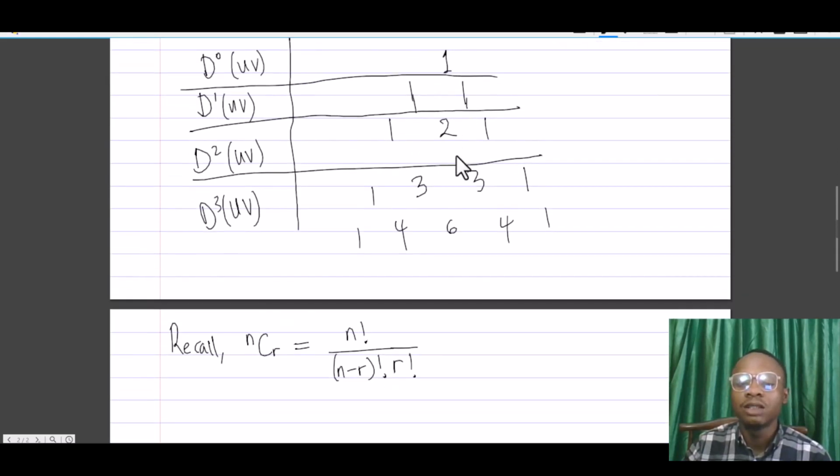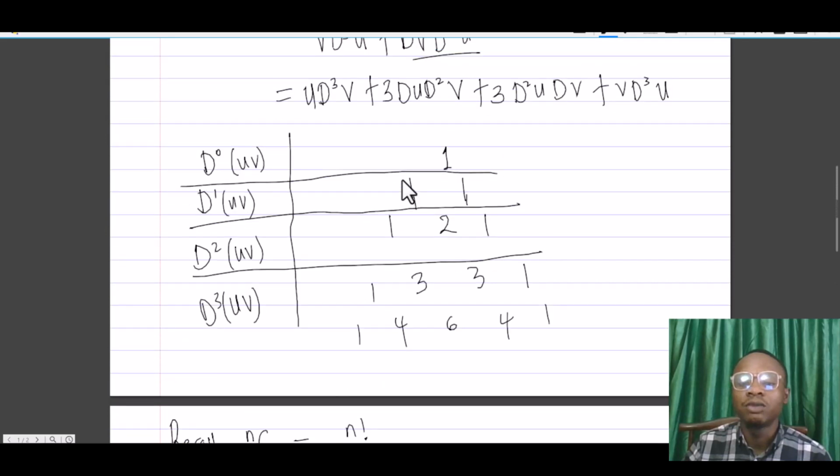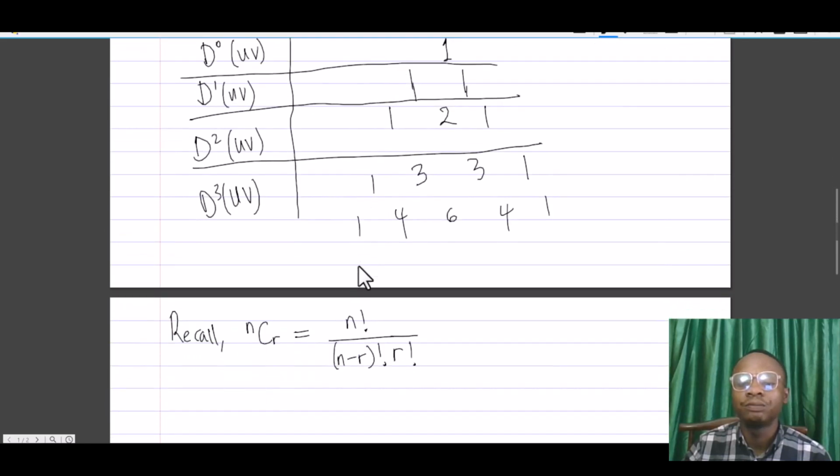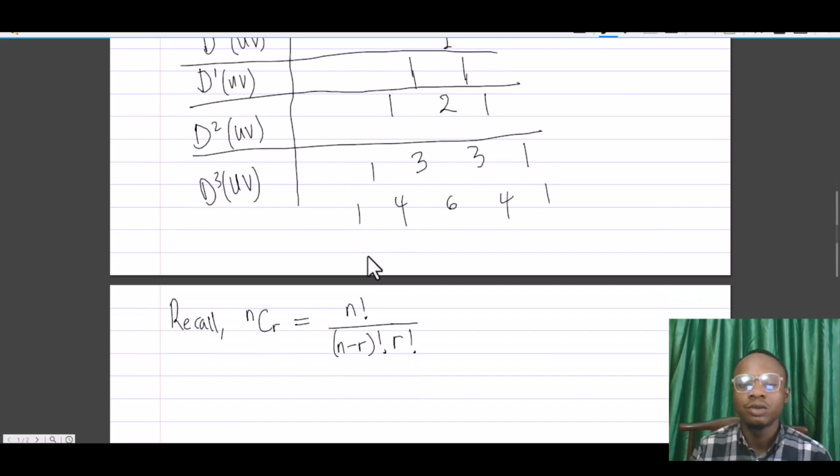If you want to get this coefficient, then we can always take that n factorial. So for this third situation here, when n is 3, we see that this expression here is the same thing as n combination 0, n combination 1, n combination 2, n combination 3.